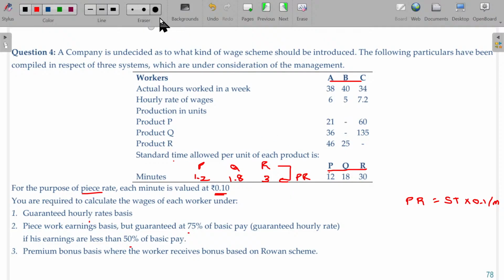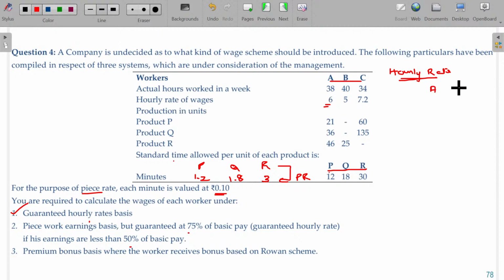Now wage will be payable. Guaranteed hourly rate. Okay, if we use guaranteed hourly rate, what's the wages? Hourly rate of wage being 6 rupees.